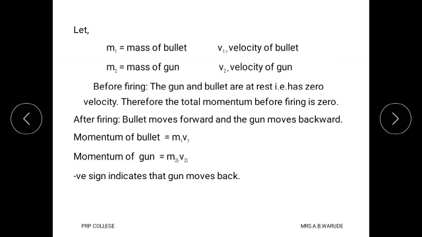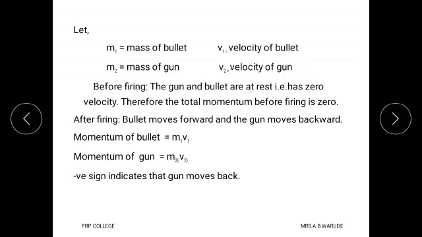Then we have to find the recoil velocity of the gun. For that, let us consider that m1 is the mass of the bullet and v1 is the velocity of the bullet, m2 is the mass of the gun and v2 is the velocity of the gun.